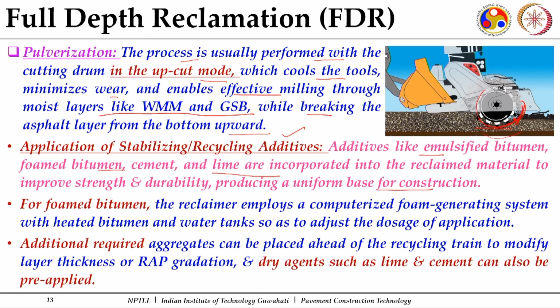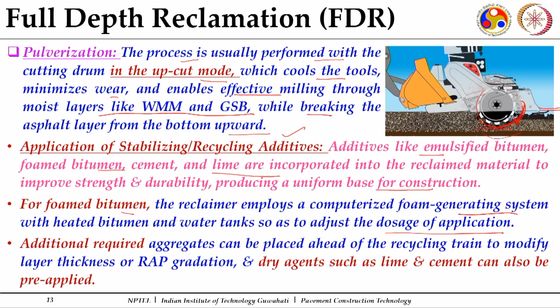In this one, typically we prefer to go for the use of foamed bitumen, because the foamed bitumen can be produced in situ itself. So, here there is a generating system with heated bitumen and binder, so as to adjust the doses of application. And whatever virgin aggregates or any other additives are required to treat the unbound materials, in terms of lime or cement, the two most common materials used, are spread in front of this reclaimer.